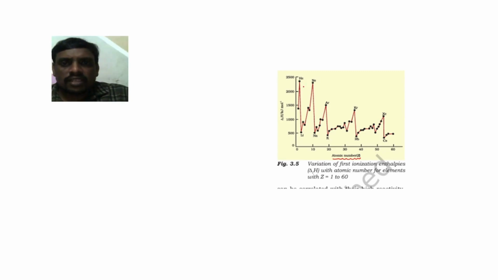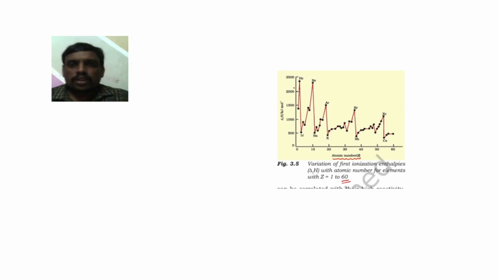If you carefully see, helium and neon, sodium, argon, krypton and potassium, rubidium, xenon and cesium are marked. This is the variation of first ionization enthalpy, delta IH, with atomic number for elements Z equal to 1 to 60.